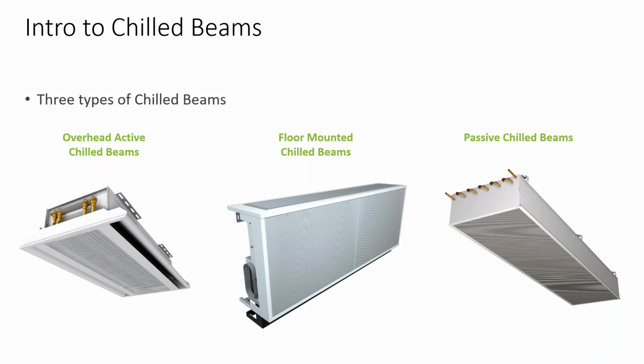So that does not have an air connection from a fan unit on it. It's operating simply on natural convection. You typically get up to 400 BTUs per foot with a passive beam, whereas with an active chilled beam it's not uncommon to see up to 1,000 to 1,200 BTUs per linear foot, based on the selection and the requirements of the building. So you can get quite a bit more out of the active beam.